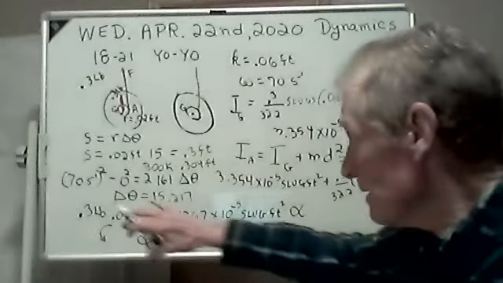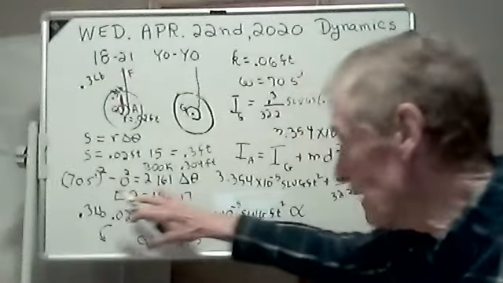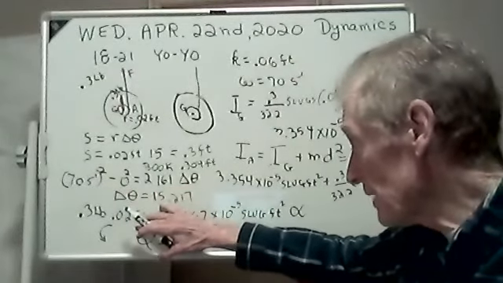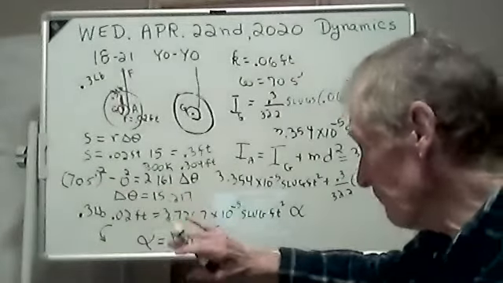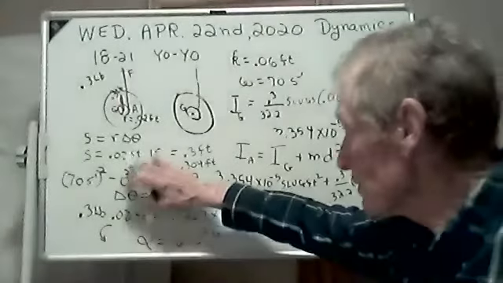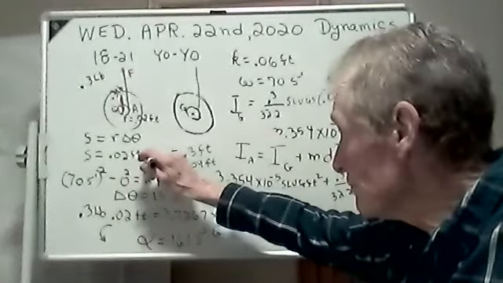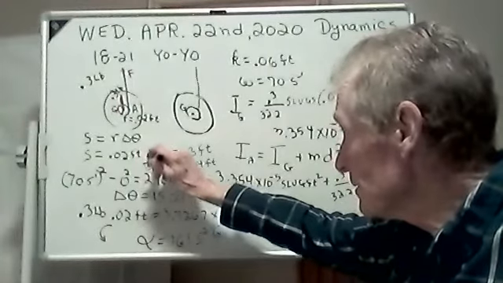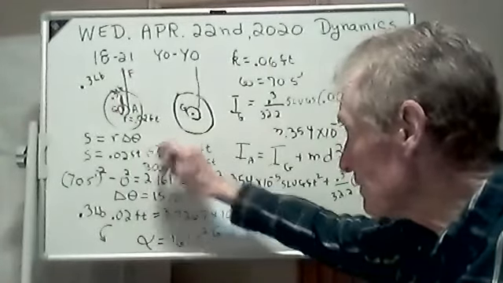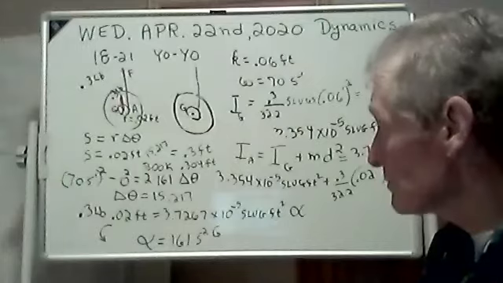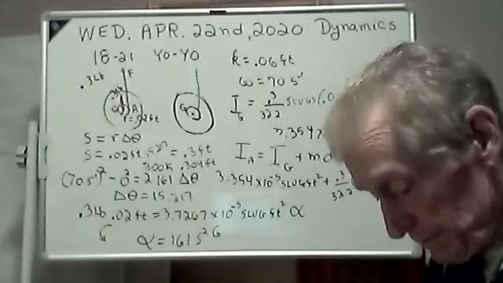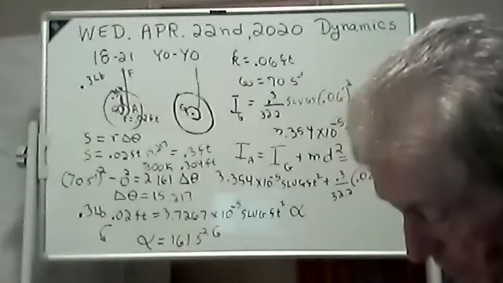Now, I pushed the wrong buttons on my calculator, but now it's 15.217. Okay, so we're going to put in 15.217 times 0.02. Let's see what we get. Times 0.02.